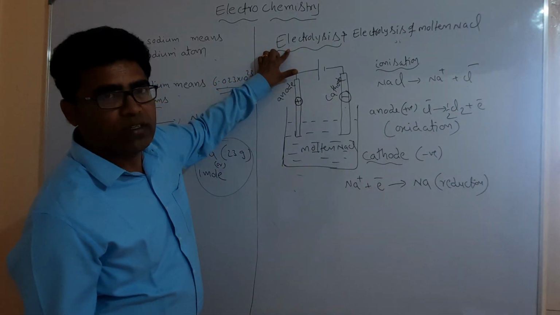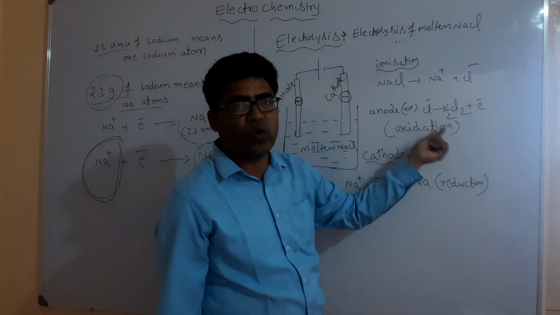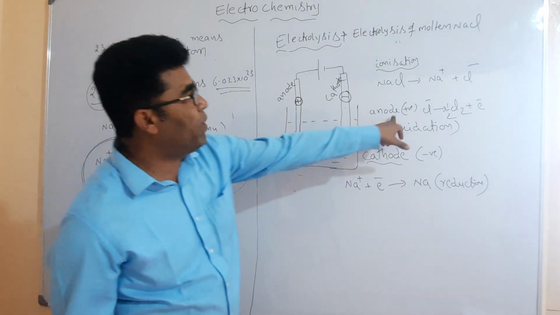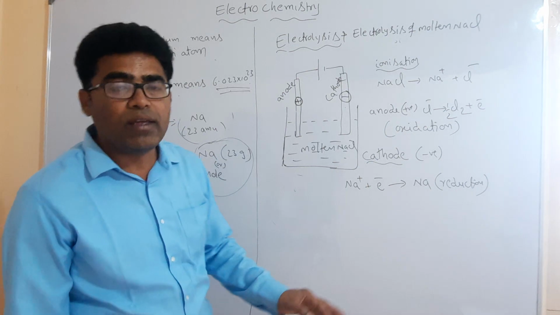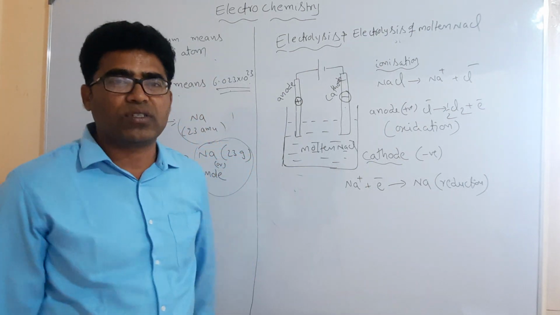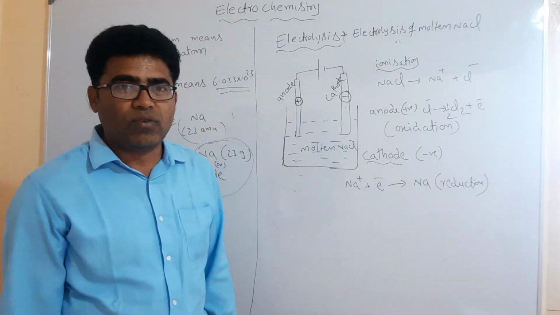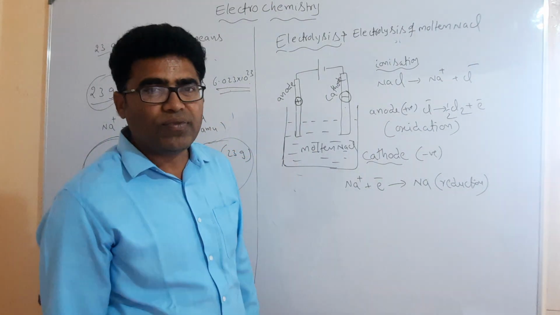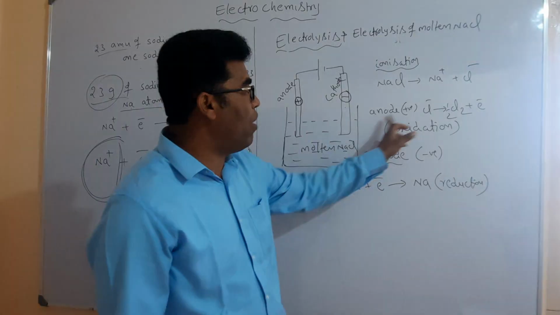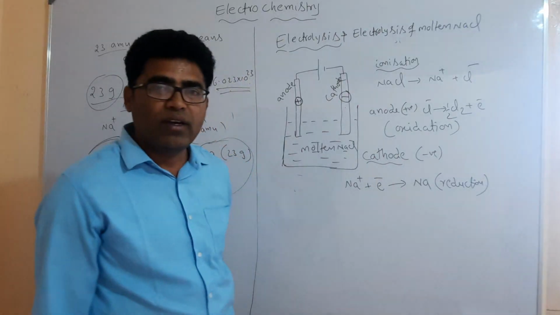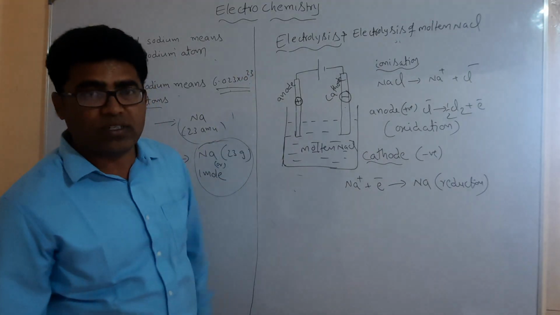Now electrolysis: the process of decomposition of an electrolyte into ions, followed by oxidation and reduction at their respective electrodes, is called electrolysis.